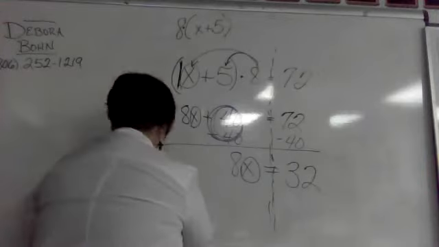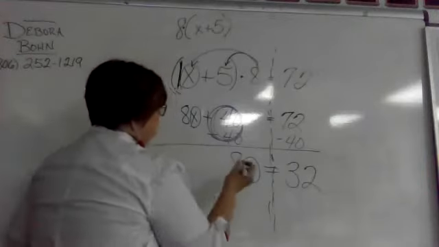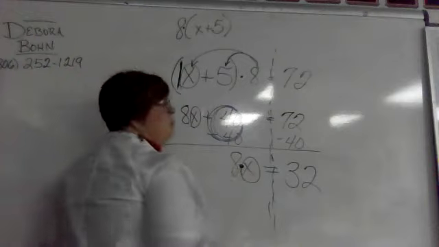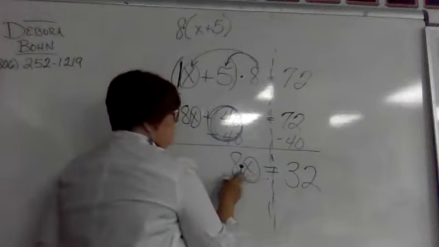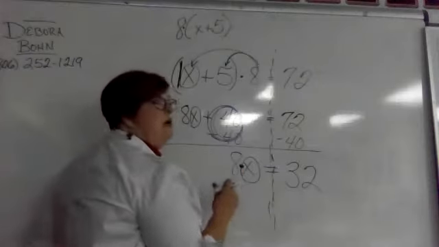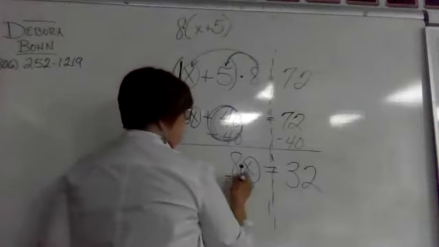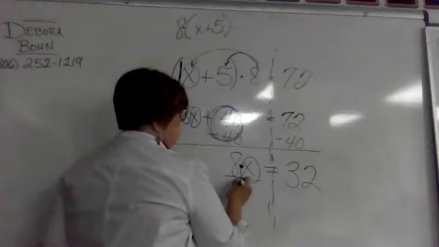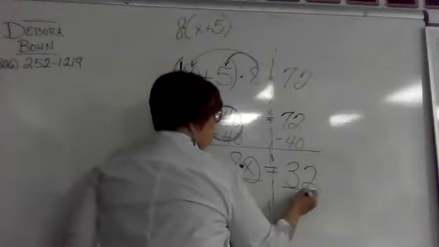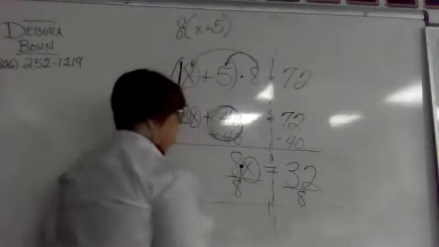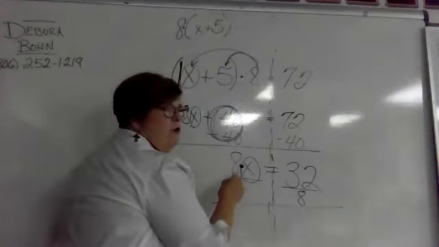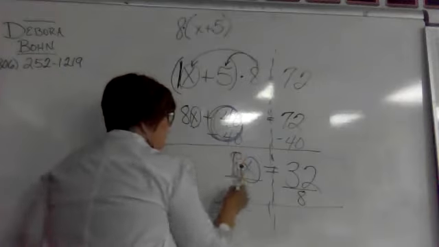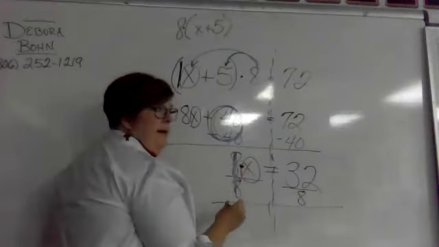We need to get rid of the 8 now. It's multiplied. It's an understood multiply because it's crammed together. And if it's multiplied, the only way to undo that is to divide. So we're going to divide by 8. We have to balance the equation. We found out that 8 divided by 8 is not 0, so don't zero that out. 8 divided by 8 is 1.